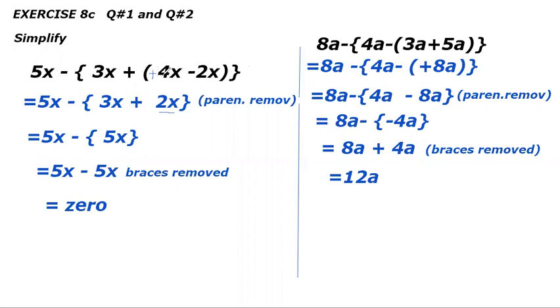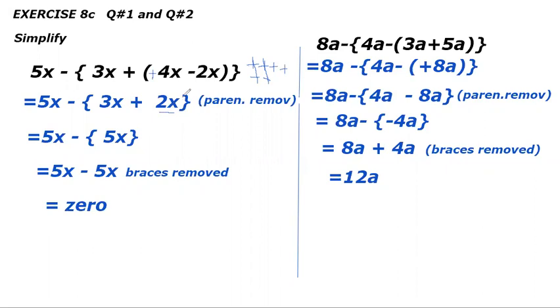This is the operator, but 4x is positive, so positive 4x means positive x 4 times, and negative 2x means negative x 2 times. Now cancel a positive sign with a negative sign, and only two positive signs are left, so positive 2x.